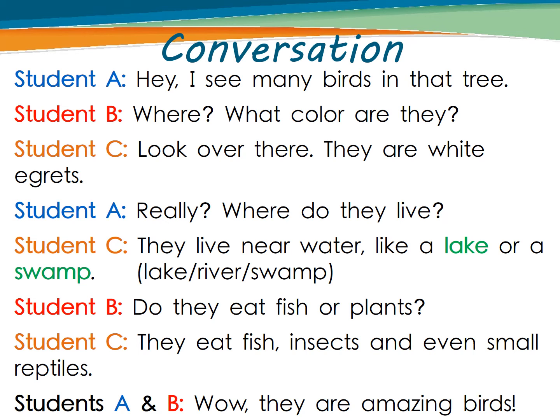They are white egrets." "Really? Where do they live?" "They live near water, like a lake or a swamp." "Do they eat fish or plants?" "They eat fish, insects, and even small reptiles." Wow, they are amazing birds.